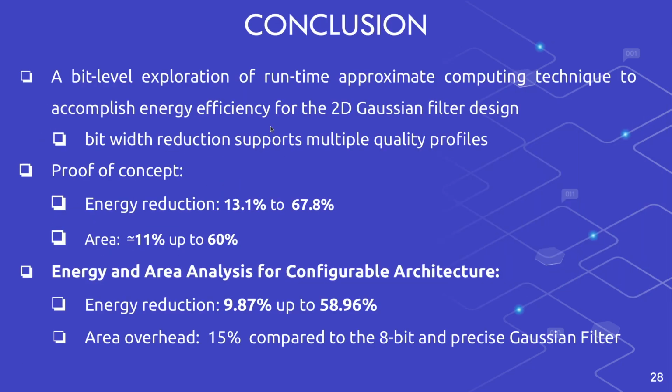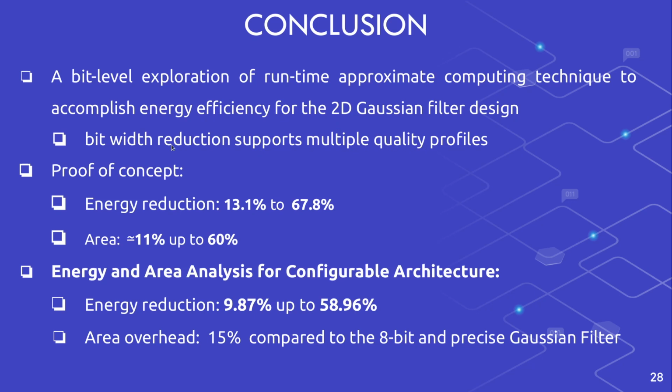As a conclusion, we can see that this is a bit level exploration, considering runtime management for approximate computing and 2D Gaussian filter design for image or video processing. To accomplish energy efficiency, we can reduce the bit width of the filter to support multiple profiles.